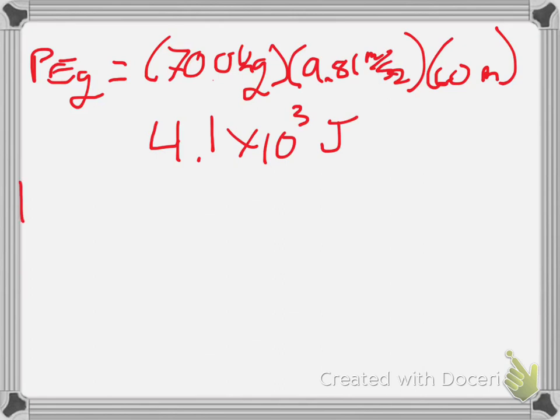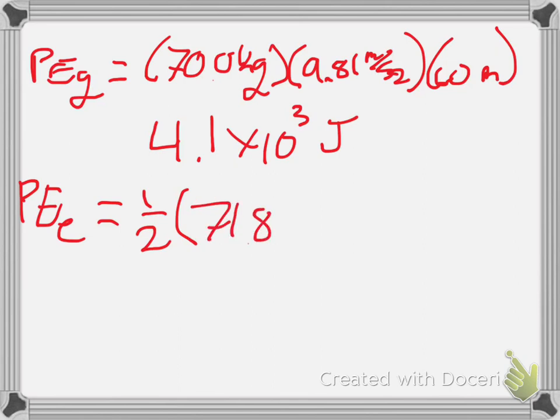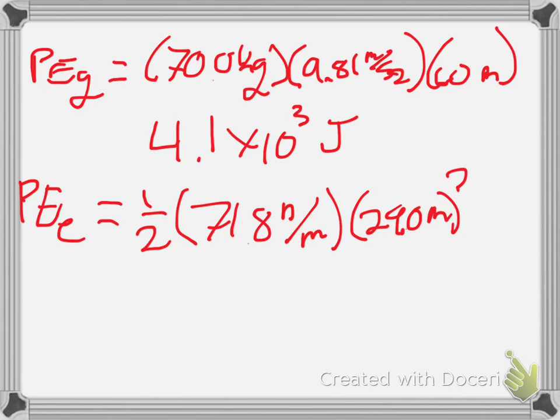Then if we do the potential energy elastic, we should be taking 1/2 times the constant they gave us, which is 71.8 Newton meters, times the difference between 15 and 44, which gives you how far it's stretched, which should come out to 29 meters squared.